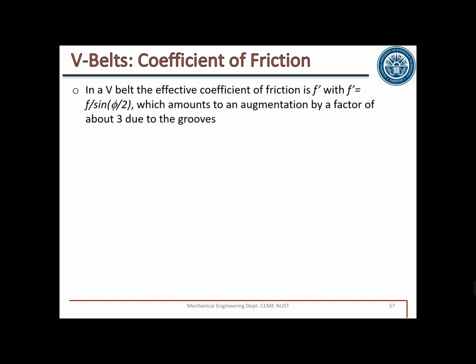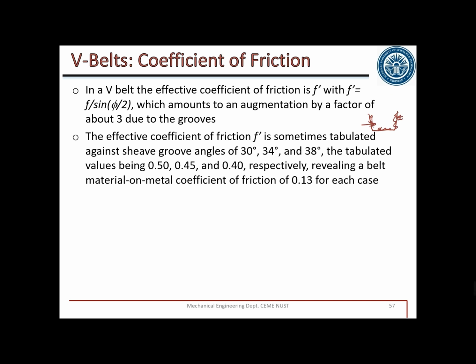Coefficient of friction. In case of a V belt, as we have 3 sides of contact, one here, and one here, these 2 sides exert force on the belt. So effectively, the coefficient of friction increases 3 times.